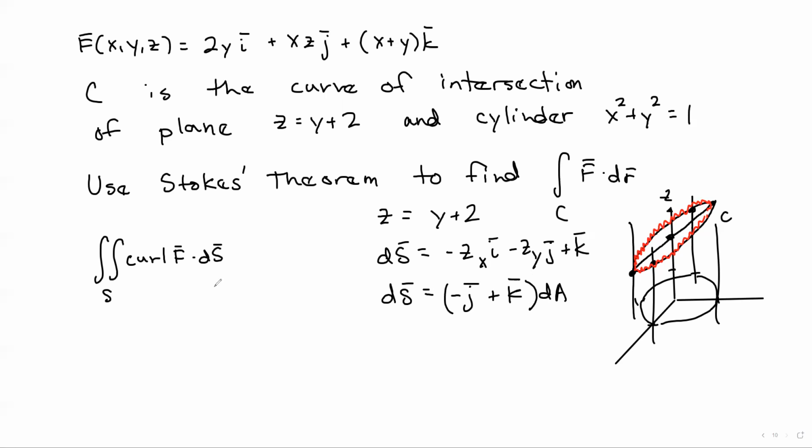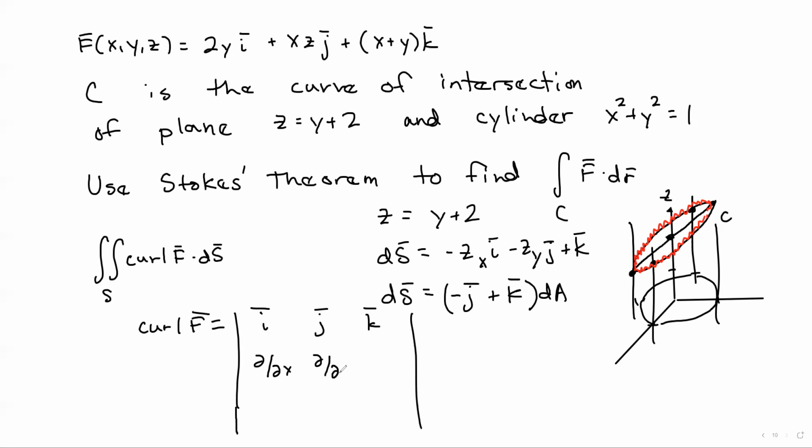All right. And then we also need to go through and calculate the curl. So curl of F is going to equal i, j, k, and we need partial with respect to x, partial with respect to y, partial with respect to z. We've got 2y, xz, x plus y.